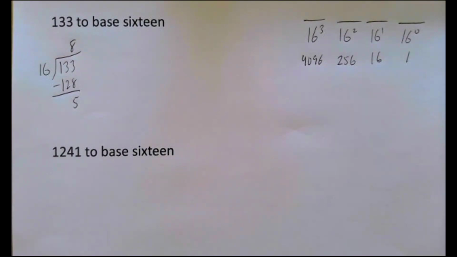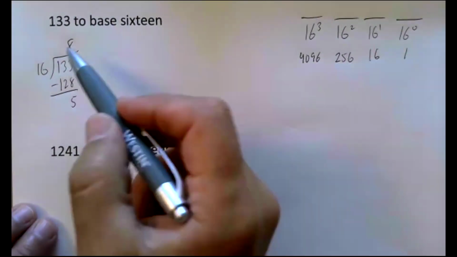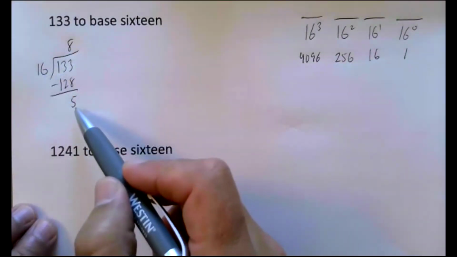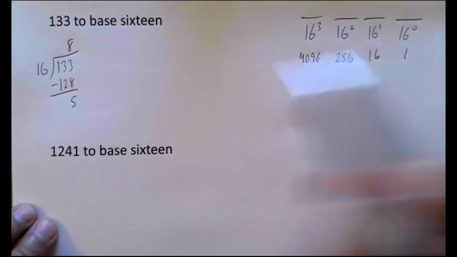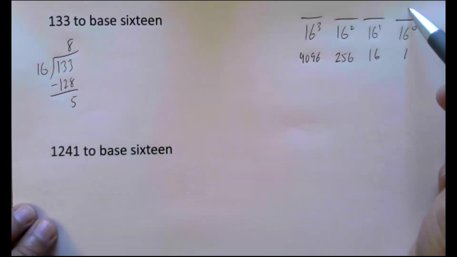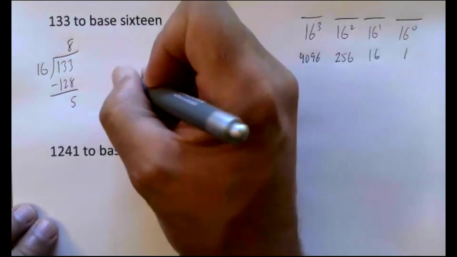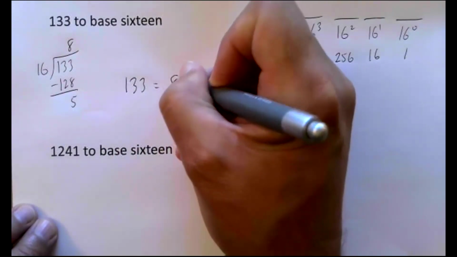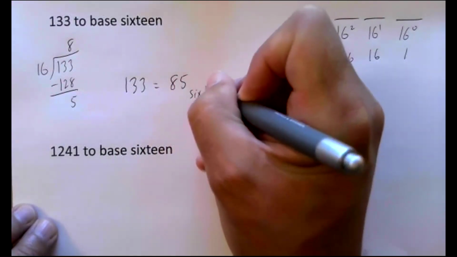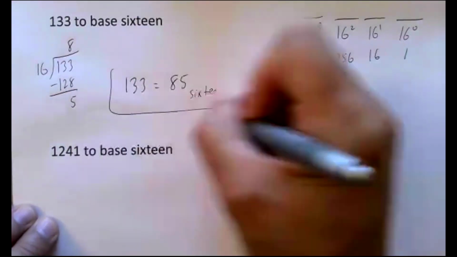So we're actually finished with this problem already because 133 is 8 sets of 16 plus an extra 5 left over. There's going to be an 8 in the 16 spot, and 5 sets of 1. And so 133 is equal to 85 base 16.